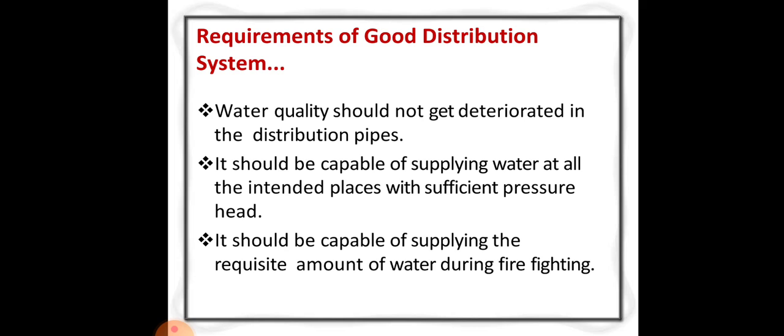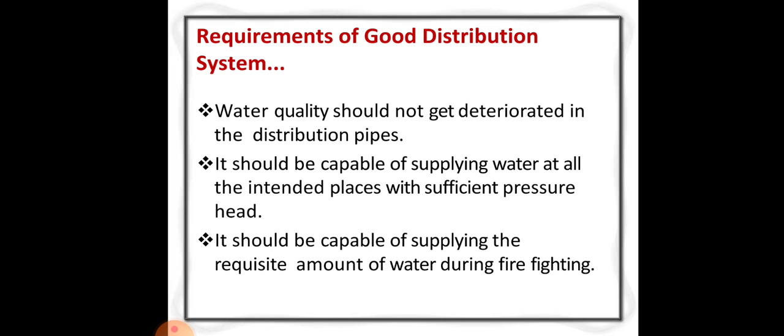Suppose there is an outbreak of a fire, the distribution system should be capable of meeting the fire demand, and also it should maintain the degree of purity. Suppose there is a repair work going on, or suppose there is a leakage. Then there will be contamination of the water from external sources.